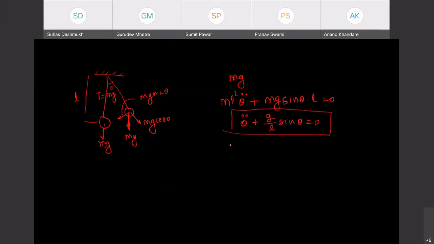If my theta is very small, small means literally small, not 1 radian but like 0 degree, 1 degree or less, then I can say sine theta is approximately theta.